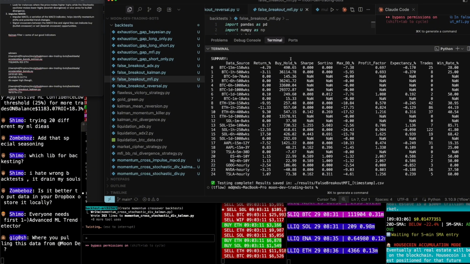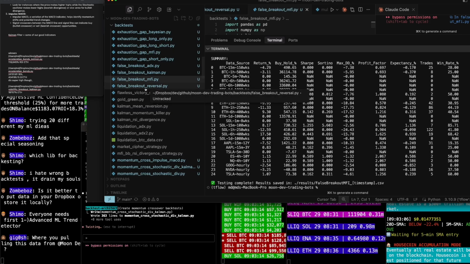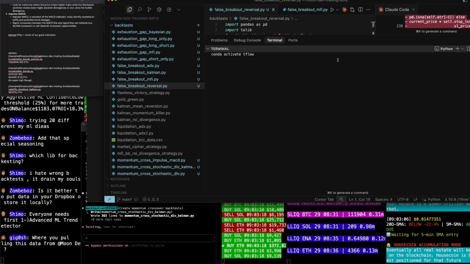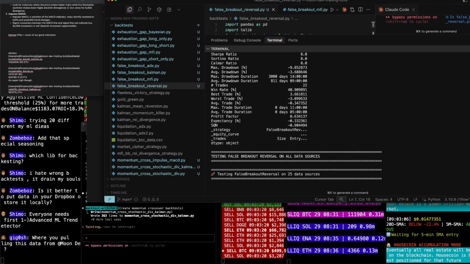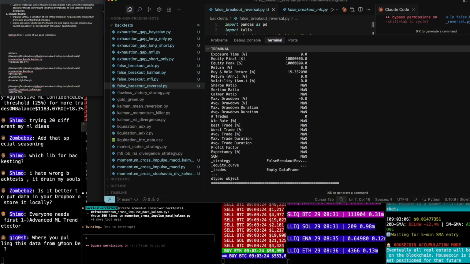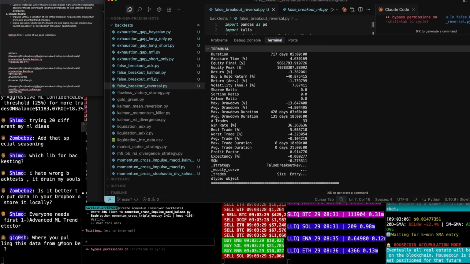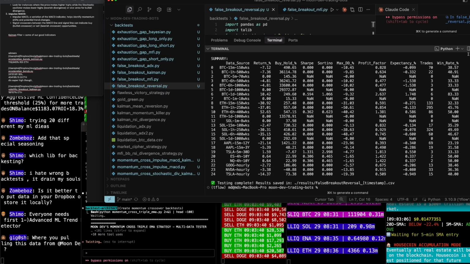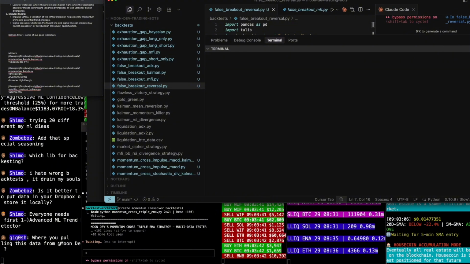Short strategies are harder. False breakout reversal. All right, nothing too good on those.